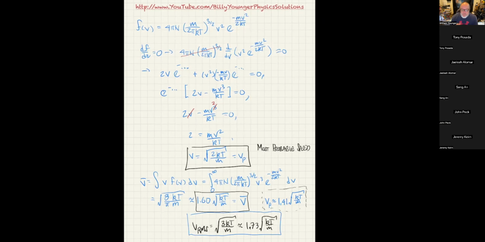That's one way to solve it, but you can also show that that's exactly the right answer by taking this integral that I did above, but instead of multiplying f of v by v, you multiply f of v by v squared. So you end up having an integral with a v to the 4th power in it. And then when you're done with that, you have to take the square root of that. And that would give you the 3kT as well. So that's really the last type of example that this chapter 18 needs to show.